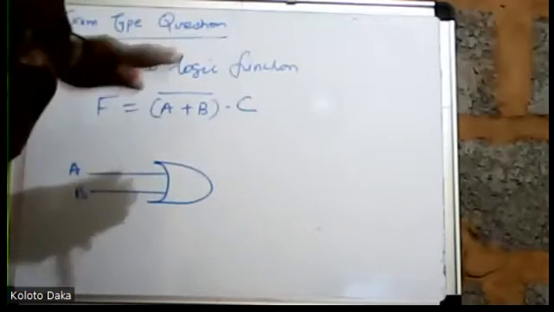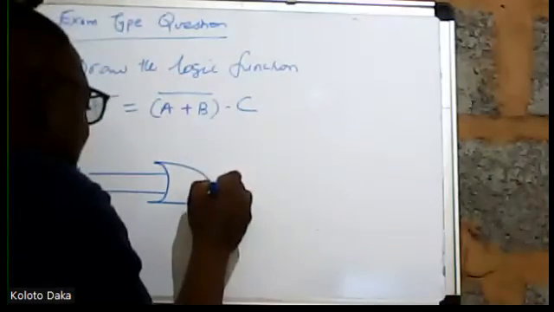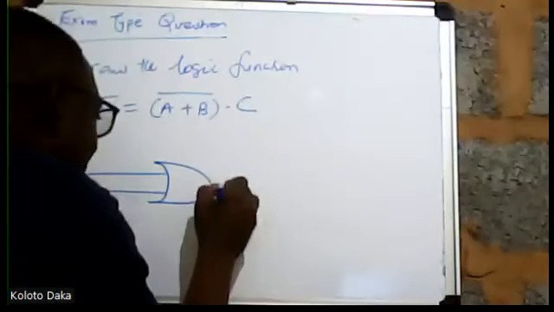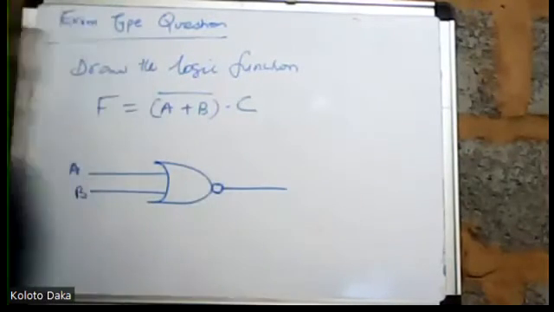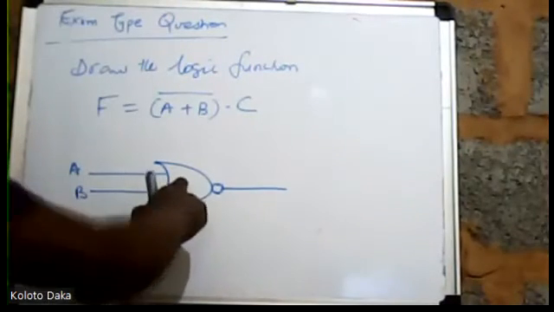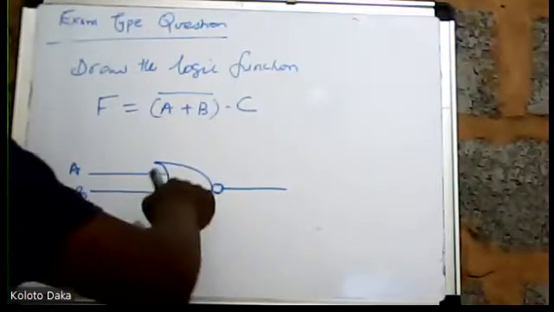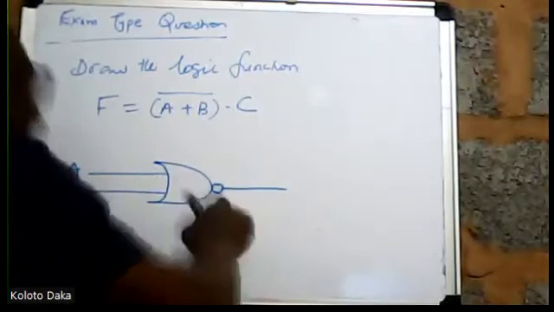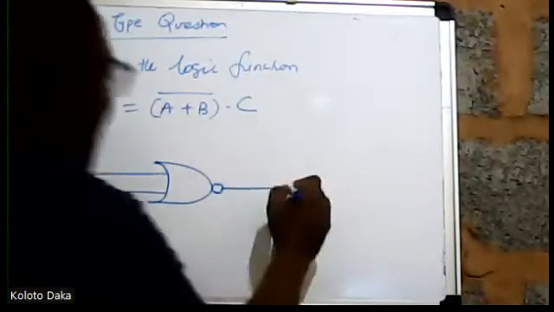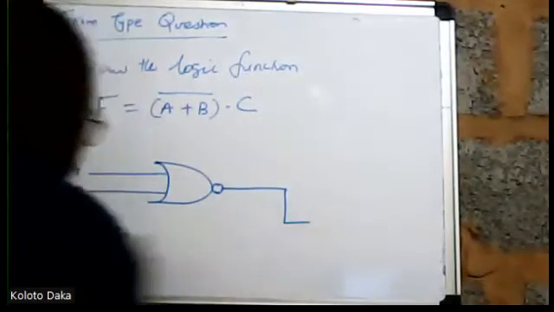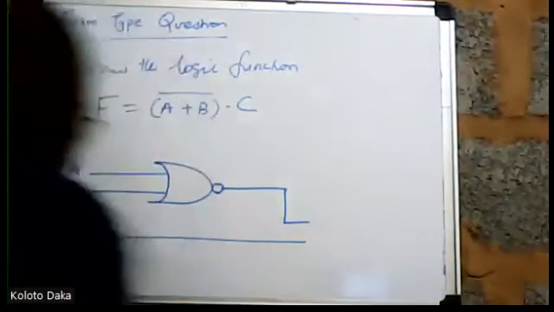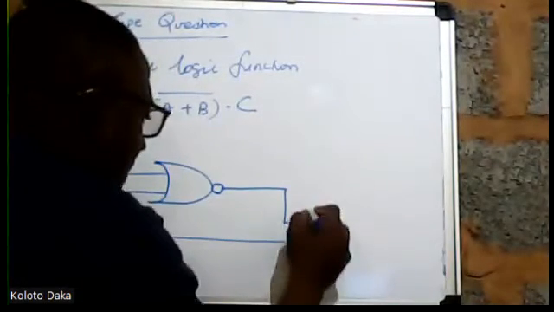You just put a zero here. It means that this OR gate has become a NOR gate. You have transformed the OR gate into a NOR gate. And this should be in series with what? C.